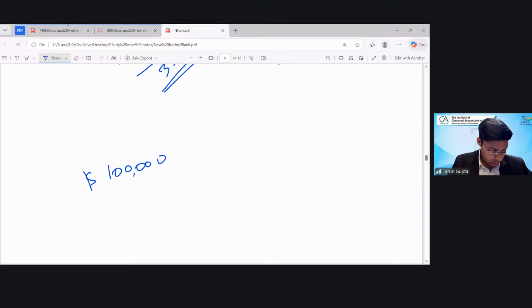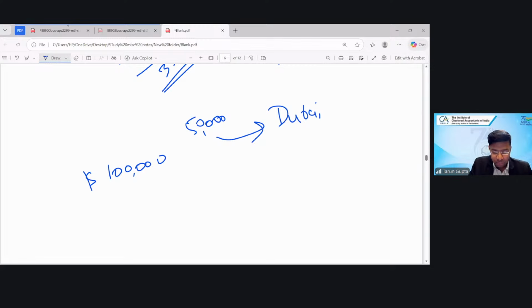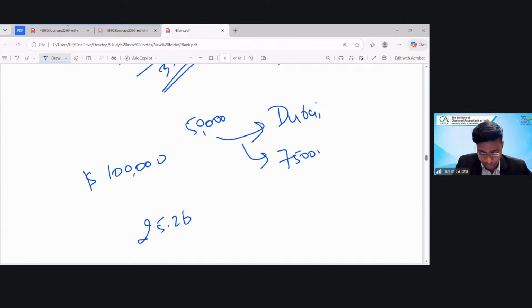But it has also withdrawn from this bank account, say $50,000, because we ignore the withdrawals. And from this $50,000, we had purchased a flat in Dubai for $50,000. Now, in 2025-26, the value of the house which he purchased in Dubai is say $75,000.